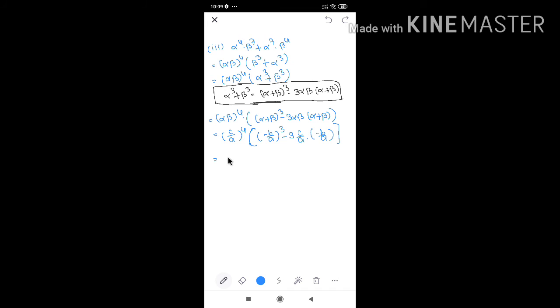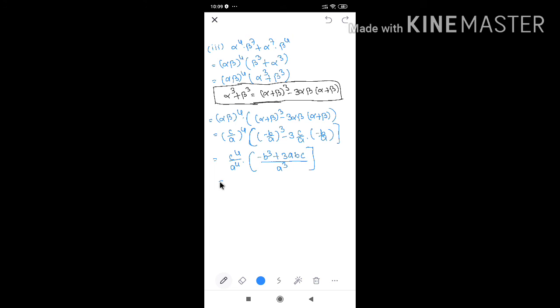is equals to c power 4 by a power 4 into minus b cube by a cube. Here a square is LCM, minus minus plus, so I am taking directly a cube as LCM: 3abc by a cube.